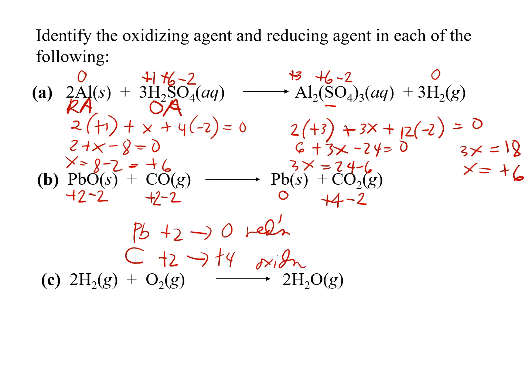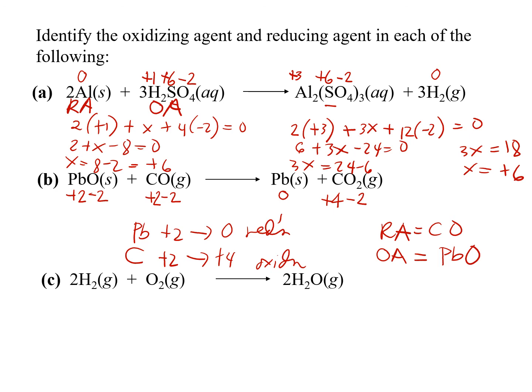The substance that undergoes oxidation is our reducing agent. So the reducing agent here is CO, because it's the C that undergoes oxidation. And our oxidizing agent is the one that undergoes reduction, which is lead. So our oxidizing agent is lead oxide.